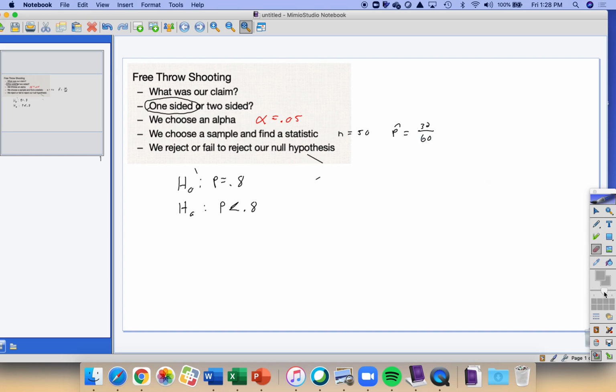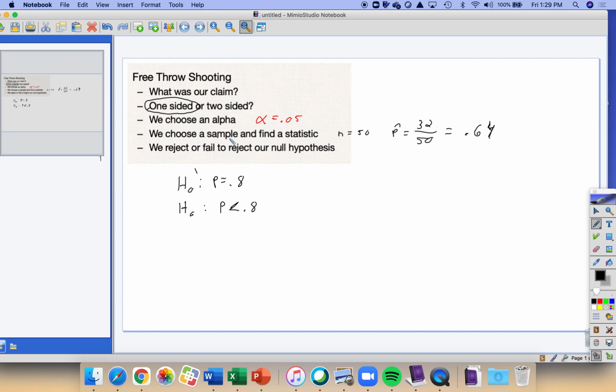Our p-hat was 32 over 50, also known as 0.64. Now, we reject or fail to reject.